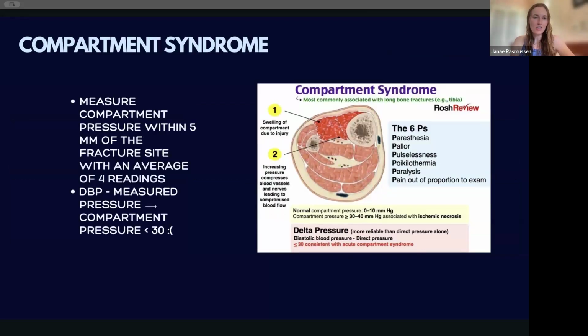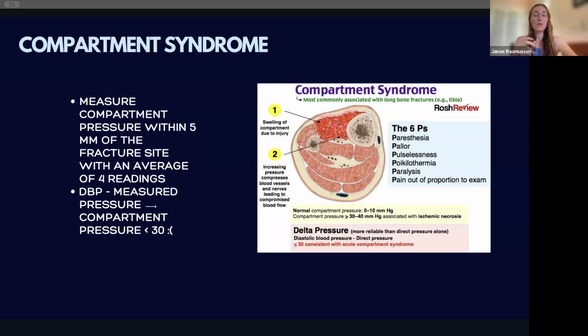And then compartment syndrome. You're going to be asked about compartment syndrome. You're going to be asked about the 6Ps: the paresthesia, pallor, pulselessness, poikilothermia, paralysis, pain out of proportion exam. But in real life, most of the time with compartment syndrome, it's a clinical diagnosis, and oftentimes it is pain out of proportion.